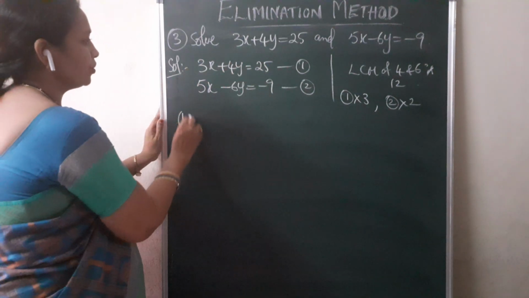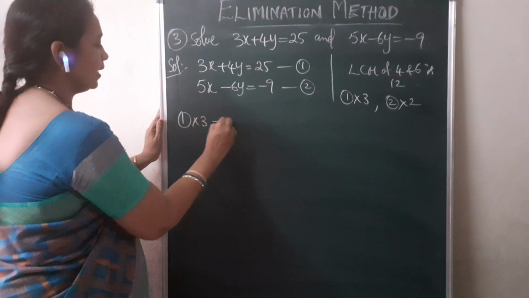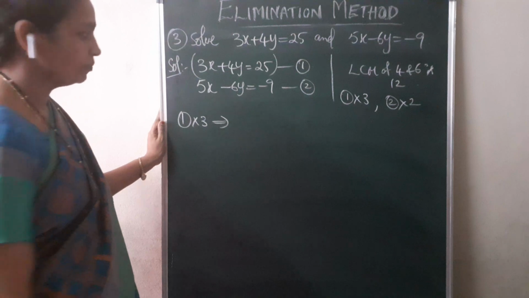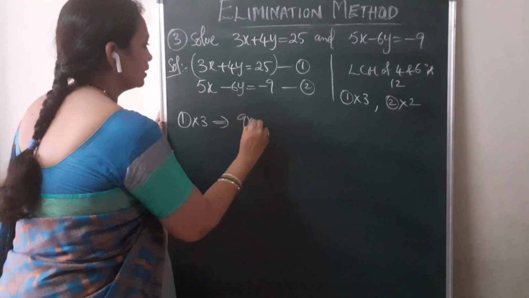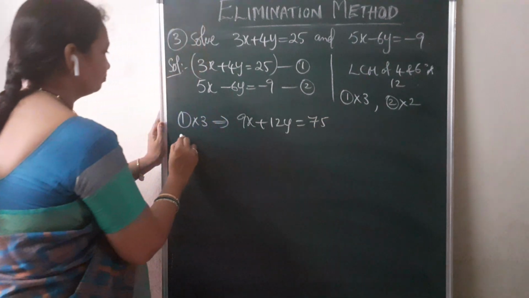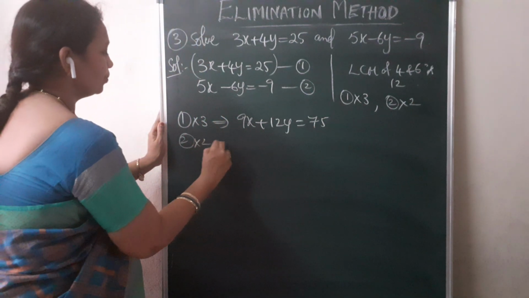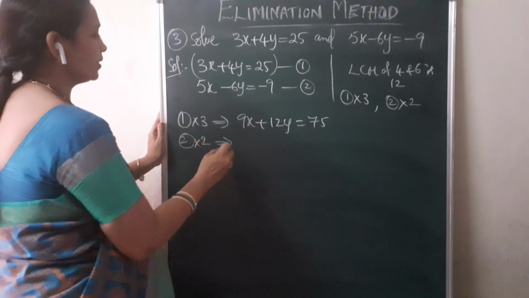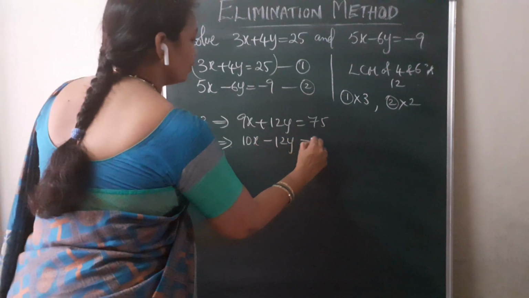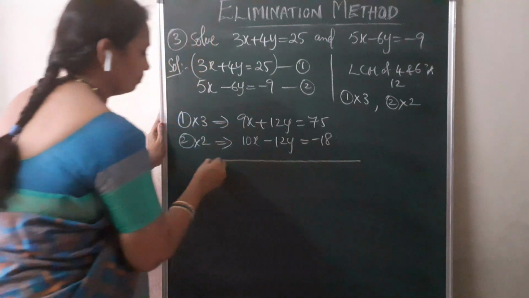So the first equation I am multiplying with 3. The whole equation you have to multiply with 3, not only one term. So 3 3s are 9x plus 12y is equal to 75. And the second equation with 2, that implies 5 2s are 10x minus 12y is equal to minus 18.